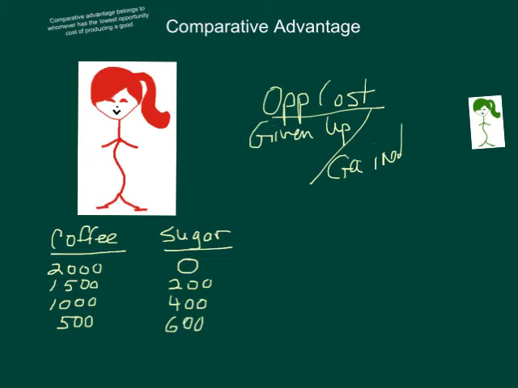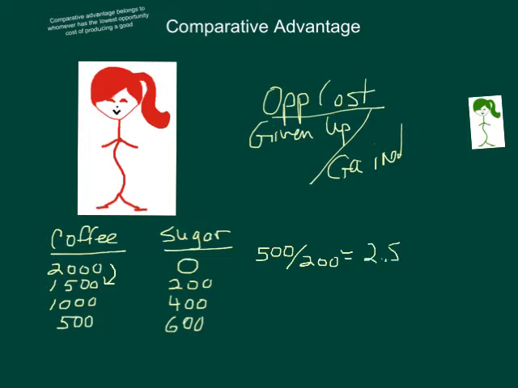We're giving up 500, we're getting 200. So let's calculate that. The opportunity cost then of going from growing 2,000 containers of coffee to 1,500 is we're giving up 500 in order to gain 200. So 500 divided by 200 is 5 divided by 2, 2.5.